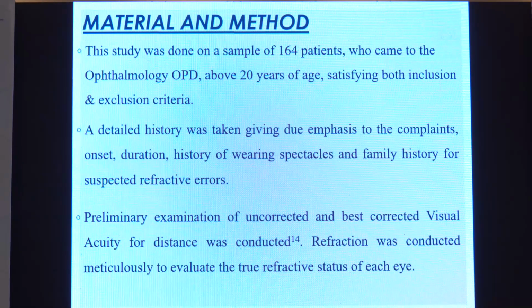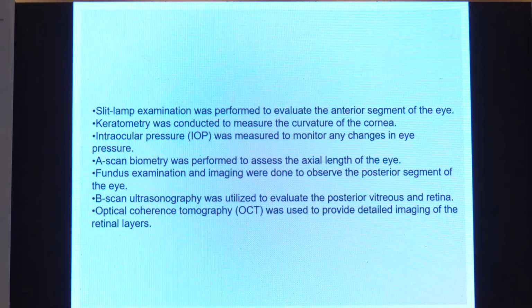A preliminary examination of uncorrected and best corrected visual acuity for distance was conducted. Refraction was conducted meticulously to evaluate the true refractive status of each eye. Slit lamp examination was performed to evaluate the anterior segment of the eye. Keratometry was conducted to measure the curvature of the cornea.